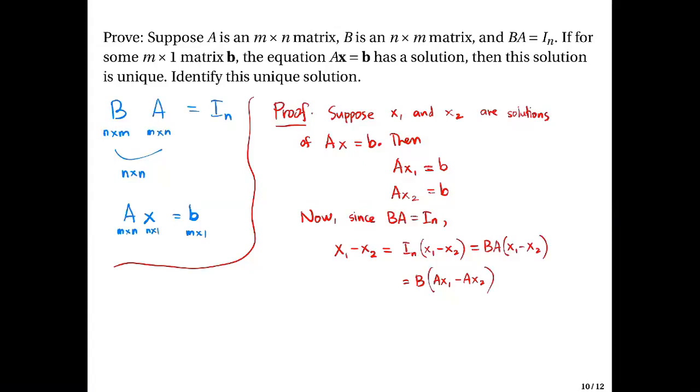But look at this. AX1, that's equal to b. AX2, that's also equal to this b here. So this will just be B times small b minus small b. And this is just B times the 0 vector, which is just the 0 vector.